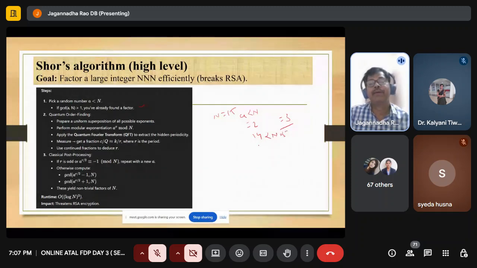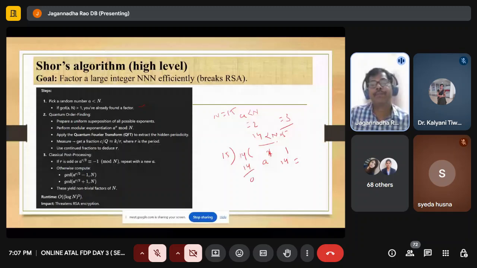The reason is, if I take it like this, we can't get the period. Say n is 15 and you take 14 as the a value. What is a power x? 14 power 1: the remainder of 14 divided by 15 is 14.